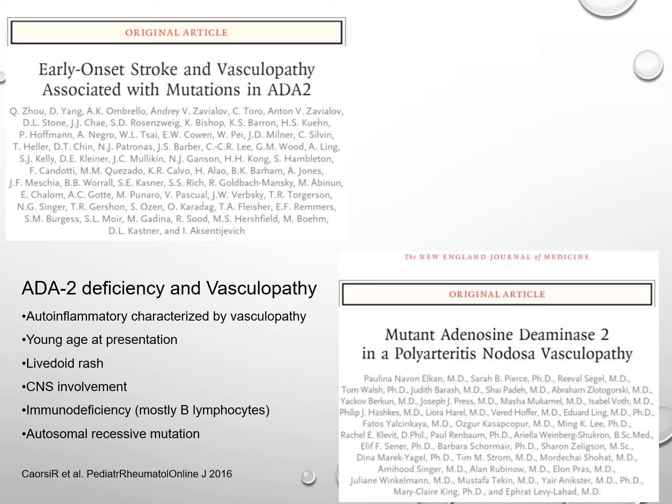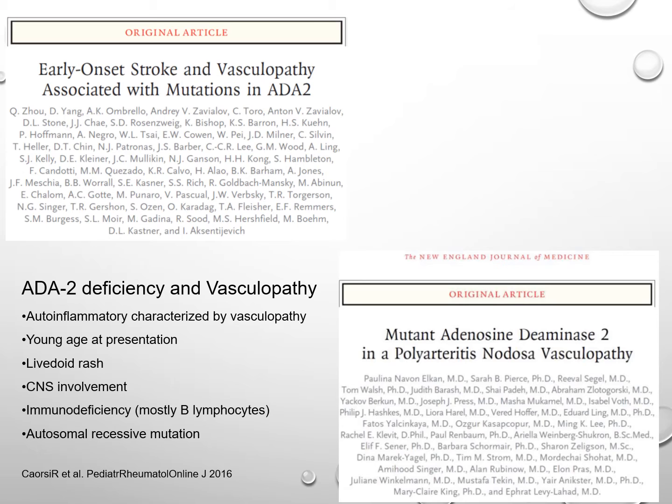Genetic disorders have been evolving recently, in the era of the 2020s, and the mutation of adenosine deaminase 2 was associated with a picture mimicking polyarteritis nodosa. At that level, in any young patient with a picture of PAN, you should investigate with genetic testing for the DADA2 mutation.